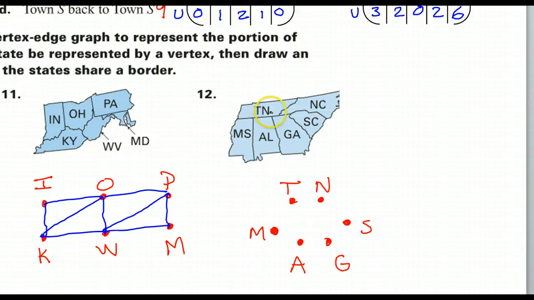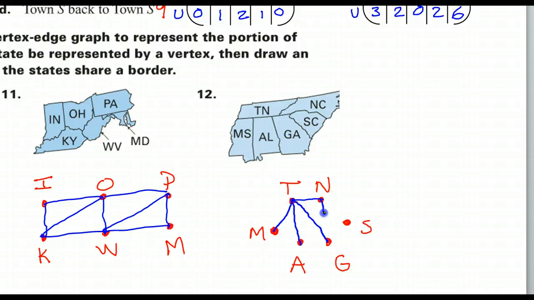Tennessee. Tennessee shares a border with everybody except for South Carolina. Boom. Now North Carolina shares a border with Tennessee, Georgia, and South Carolina.